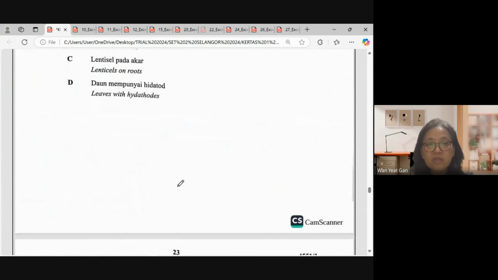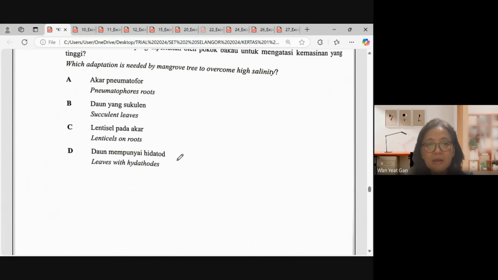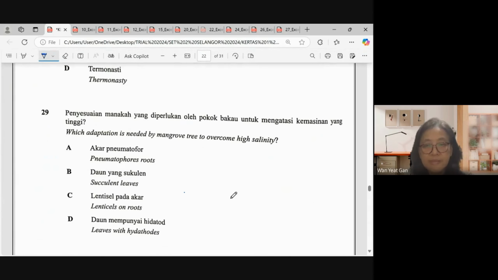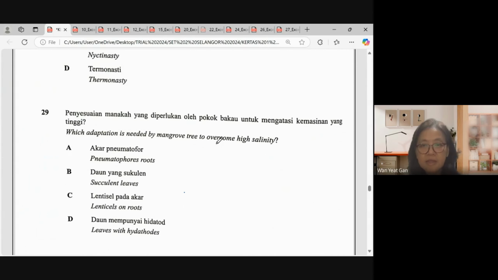Question 29. Which adaptation is needed by mangrove tree to overcome high salinity? Now, mangrove trees have a problem as they live in very high salinity soil.